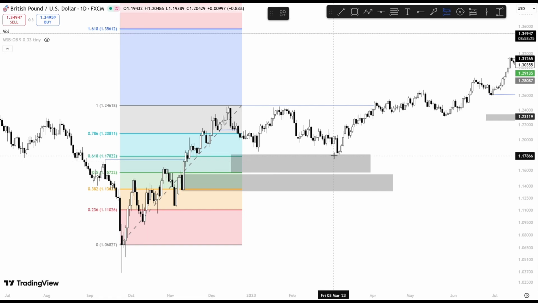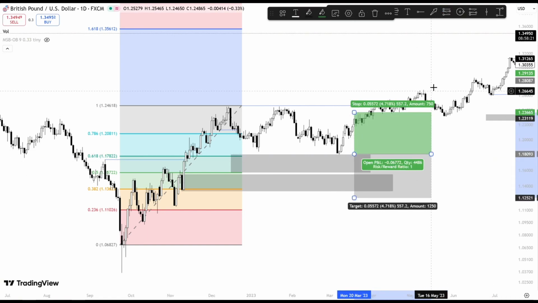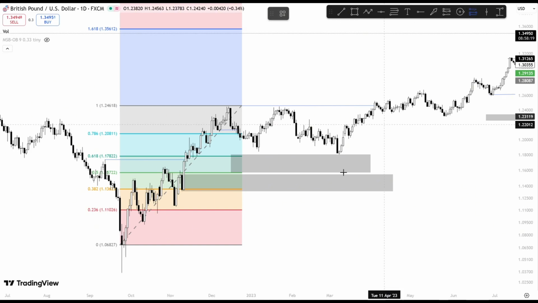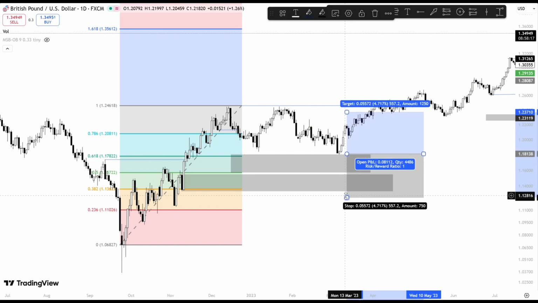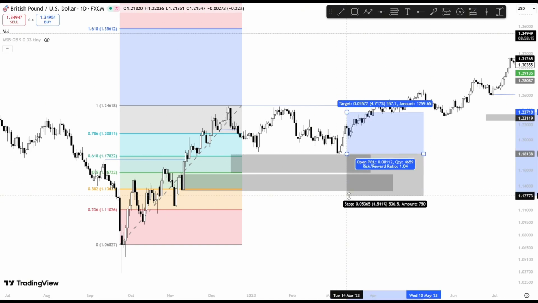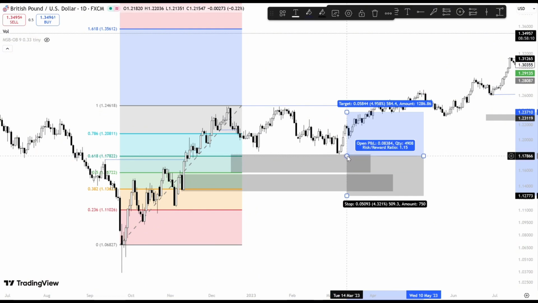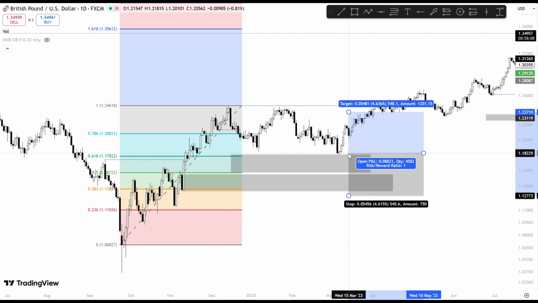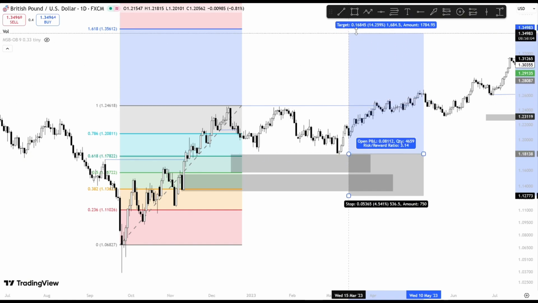You're taking your take profits, you put it below, that's it, and you take your risk ratio to 4.